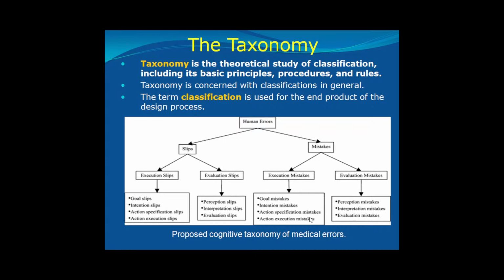Proposed cognitive taxonomy of medical errors. All the medical errors, all the human errors are divided into 2 categories, slips and mistakes. There are 2 types of each: execution slips and evaluation slips, and the same for mistakes: execution mistakes and evaluation mistakes.